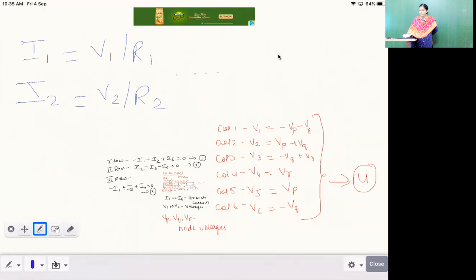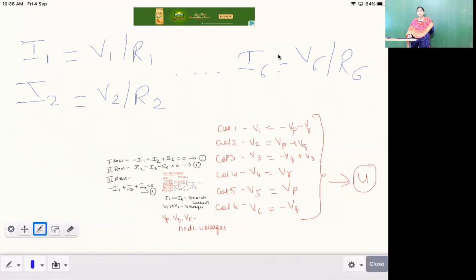Like that, you can write I3, I4, I5 and I6 as V6 by R6. Now, all these I1 to I6, first you have to substitute in equations 1, 2 and 3. Then you will get 3 more equations. In those equations, in place of V1 to V6, you have to substitute equation 4. Then you have to simplify them.